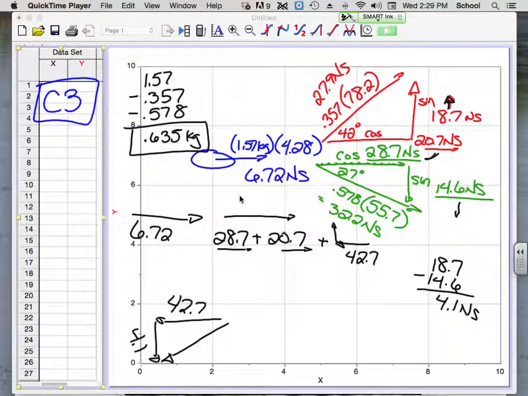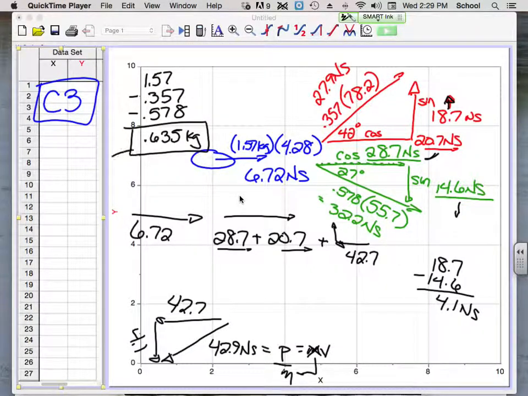So then of course we just need Pythagoras. 42.9. I got 42.9. So that again is our P. Since P equals mv, if we want to know the v, we need to divide by m again.